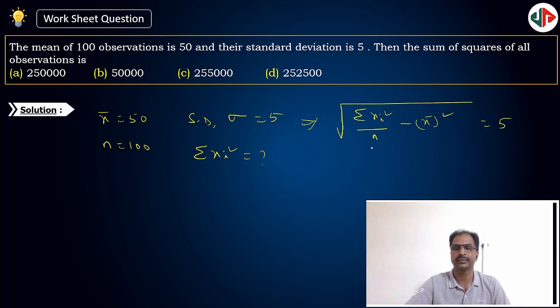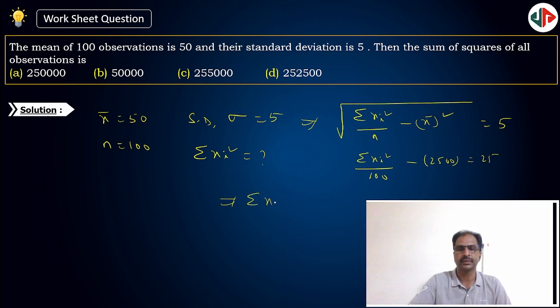This is 5. So sigma xi square by n minus x bar whole square, 2500, is equal to 25. From this, sigma xi square is equal to 252500. Option B.